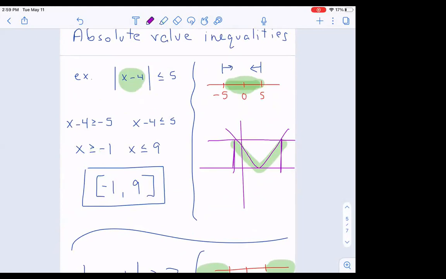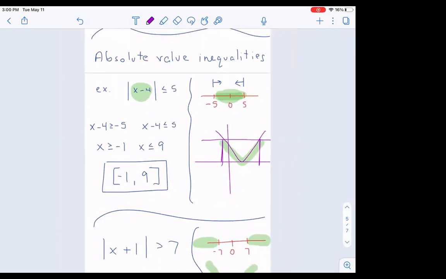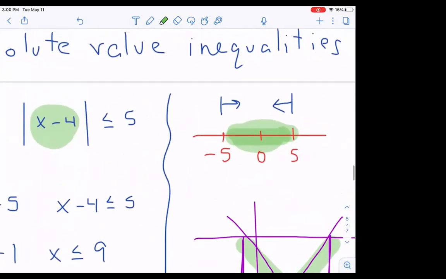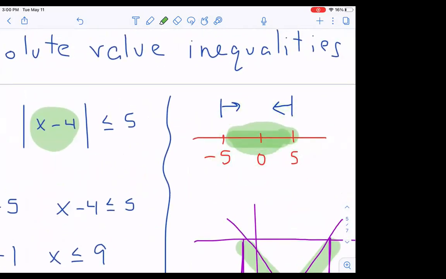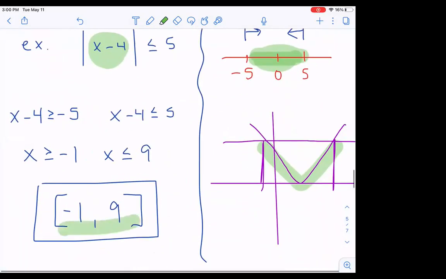How do you know when to make it negative infinity to negative 8 and then with the union? If you have two areas where your answers could be, you need a union, and you don't need a union if there's only one area. In this case, a distance less than 5 is all in one area on a number line, so we did not need a union.